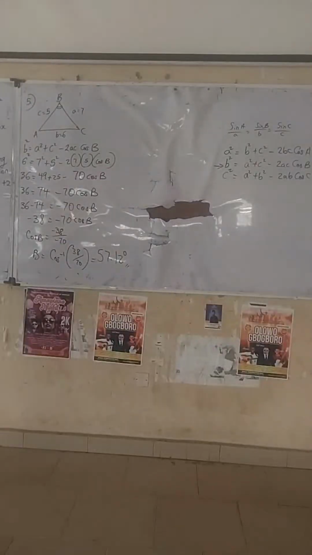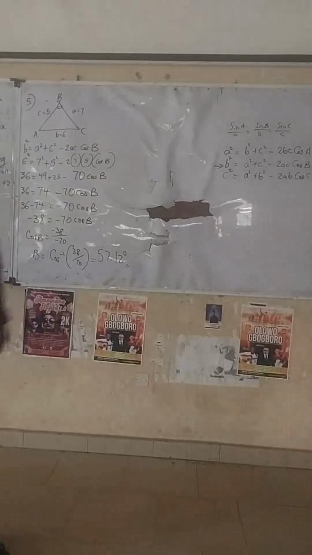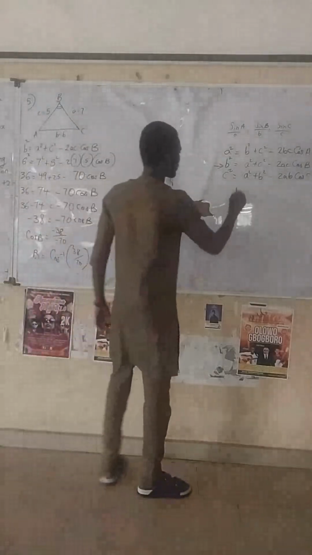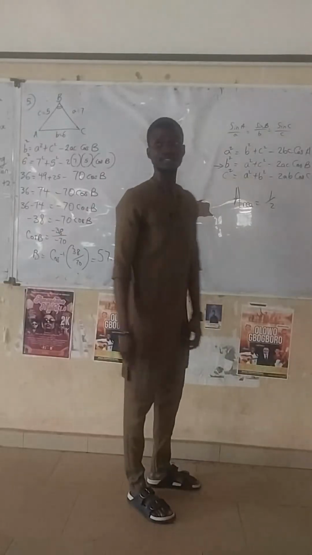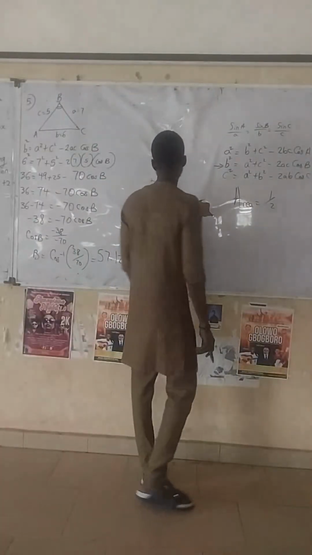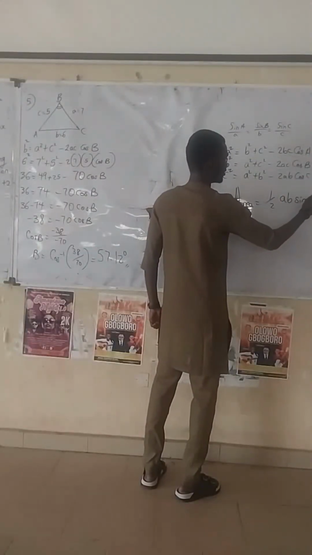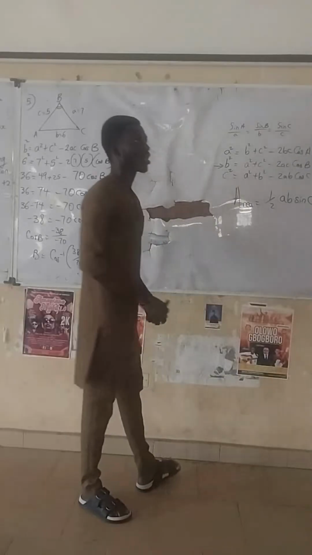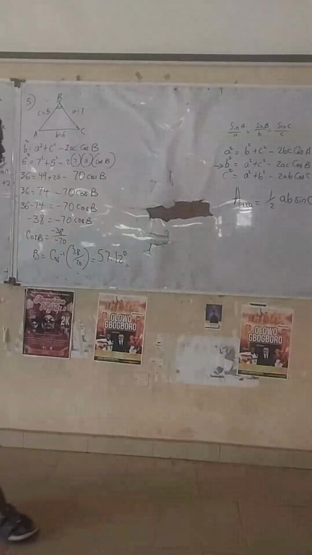The area of a right angle triangle is half base times height, but for this type of triangle, area is half AB sine C.